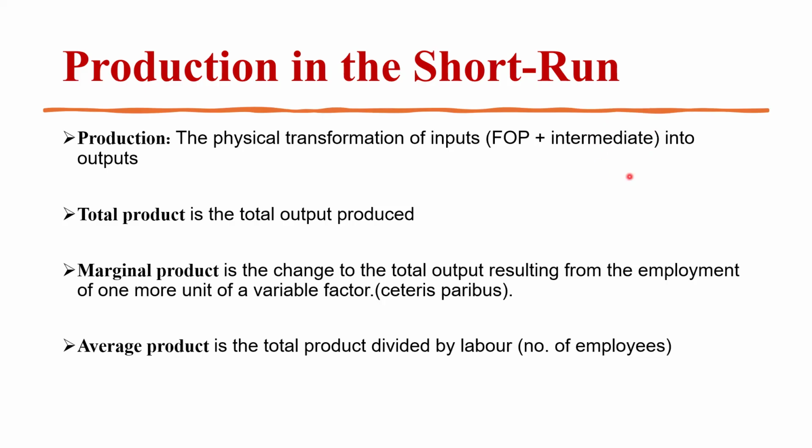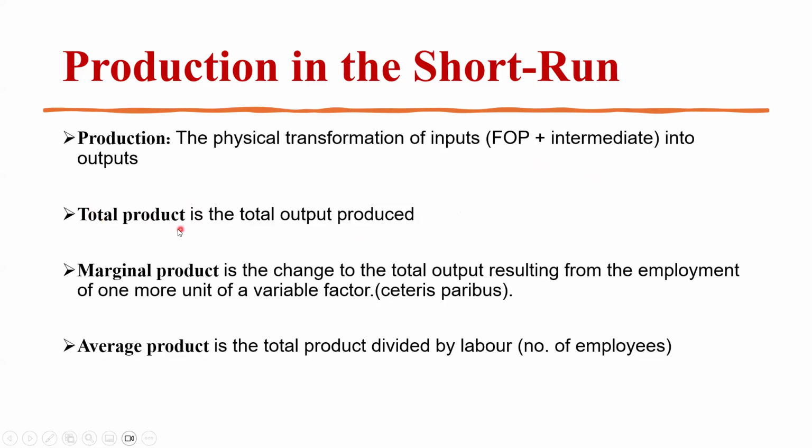So an egg is already a final good, right? Because you can actually boil your egg and then eat it. But for this baker, the egg becomes an input because he will use that egg, combine it with the flour and everything in order to produce the final product, which will then be what? A cake. So intermediate goods are those goods that you use in order to produce another good. In this case of a bakery, the intermediate good will be an egg, and then the final good will be the cake. So intermediate goods are already final goods, but when used in the production process, they become an input.